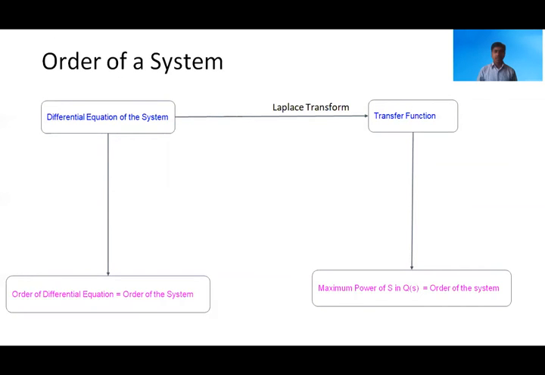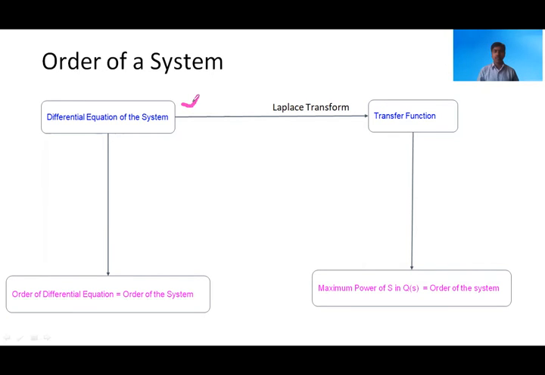We have a differential equation of a system. We have the differential equation of a given system. So we have to write the differential equations from the given system. Already we have seen this for mechanical and electrical systems.